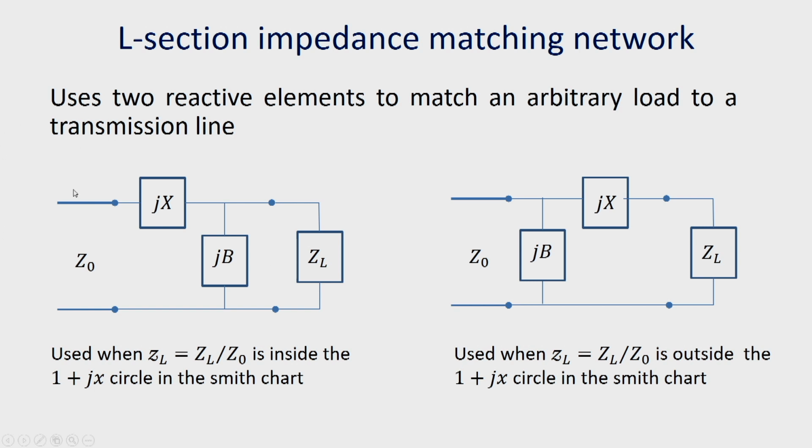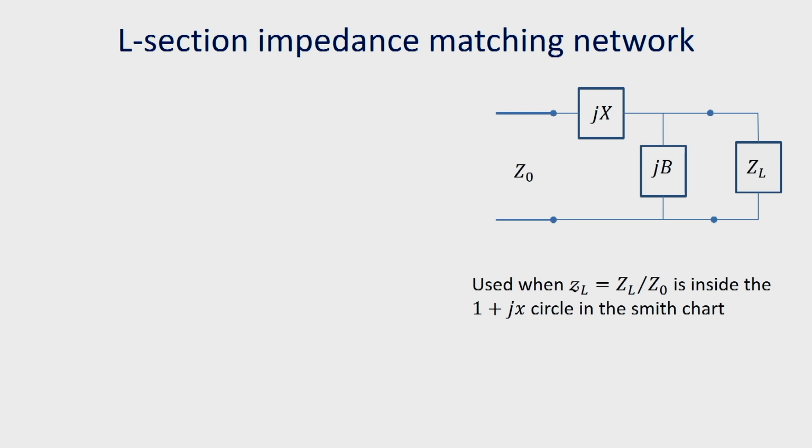For example, this may be an inductor, this a capacitor, like that. 8 combinations are possible. Let us consider the L section matching network that is used for the case when RL, the real part of the impedance, is greater than Z naught.